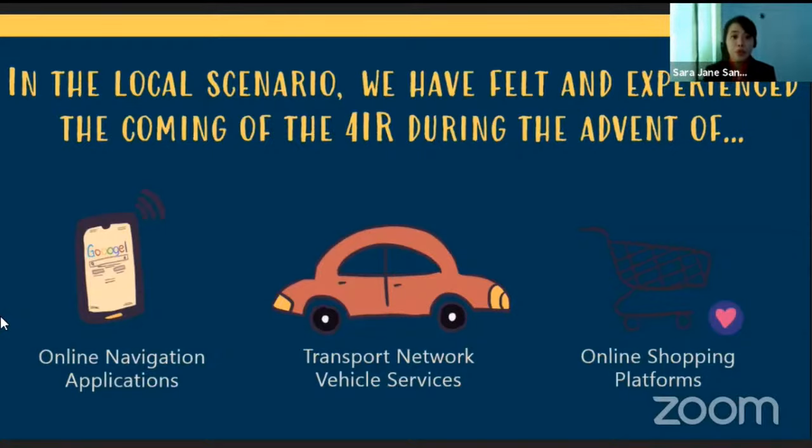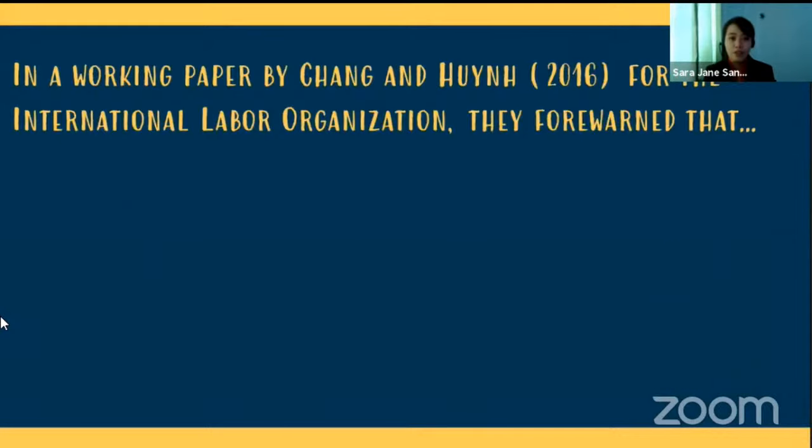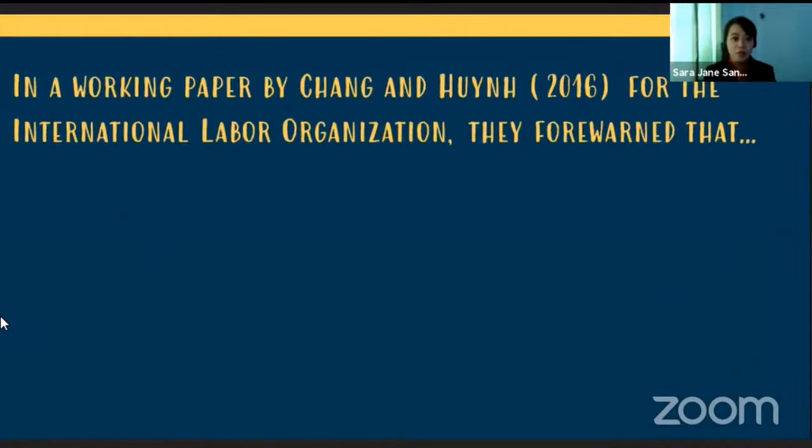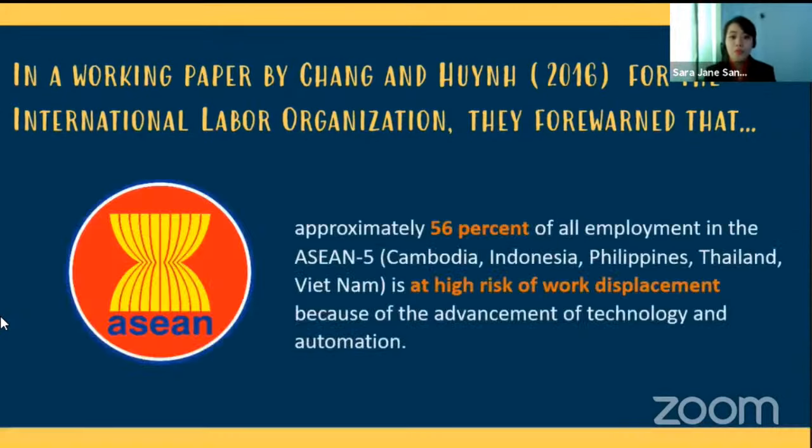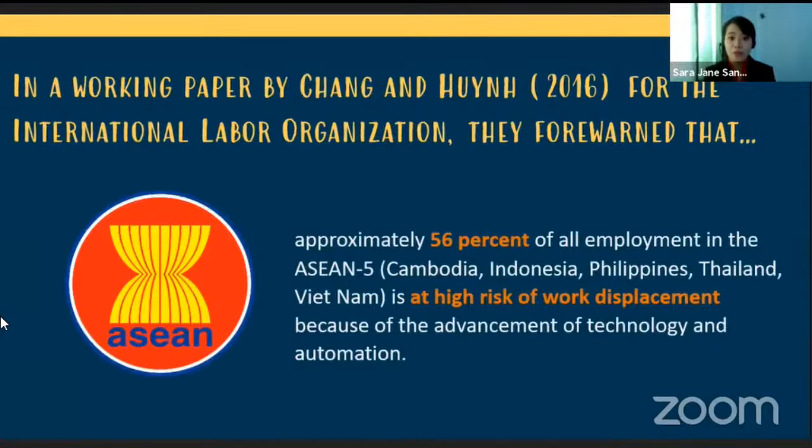Now, in a working paper by Chang and Yoon, 2016, for the International Labour Organization, they forewarned that approximately 56% of all employment in the ASEAN 5, so that's Cambodia, Indonesia, Philippines, Thailand, and Vietnam, is at high risk of work displacement. And that is because of the advancement of technology and automation.